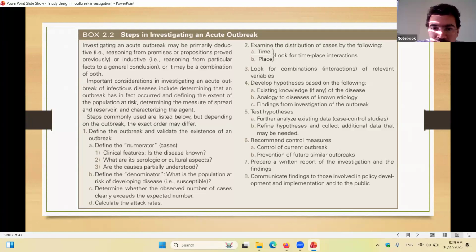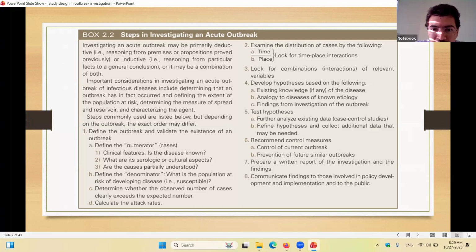Sometimes in some outbreaks, we should substitute these steps. For example, for influenza, we cannot wait for a case control study. The disease is spreading, and we have no time.